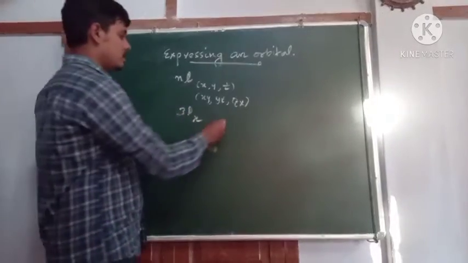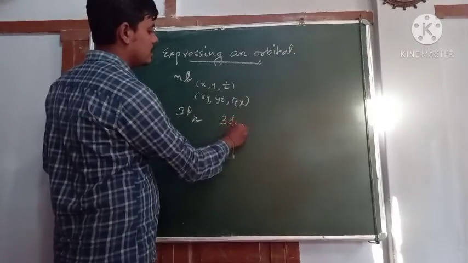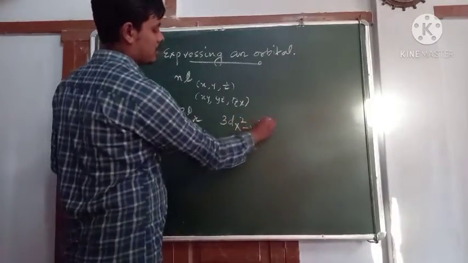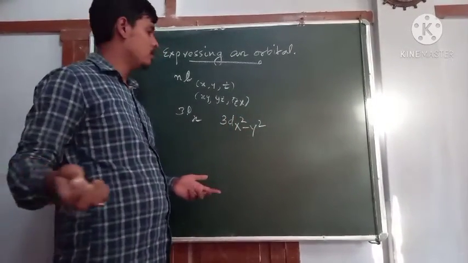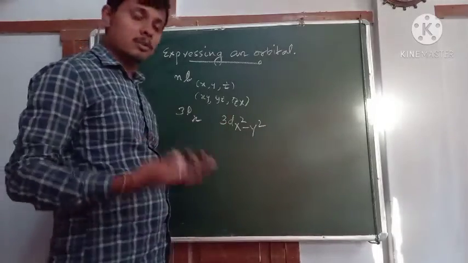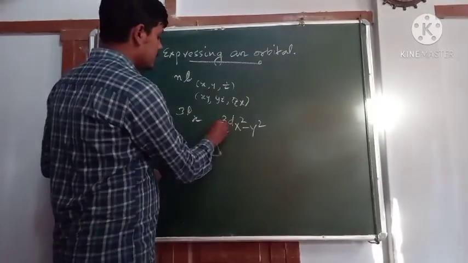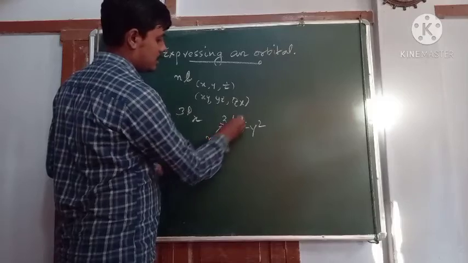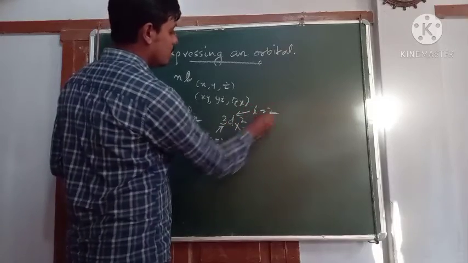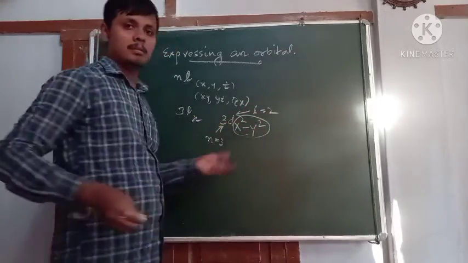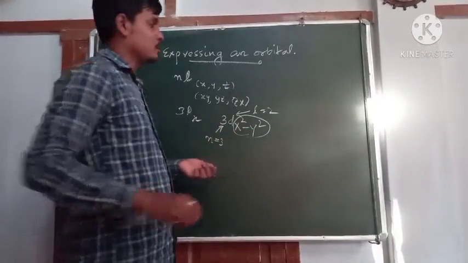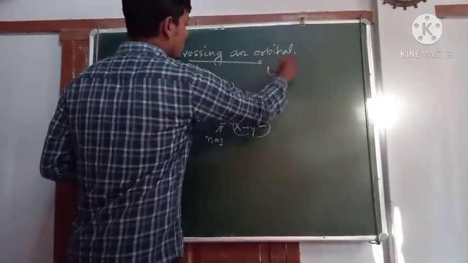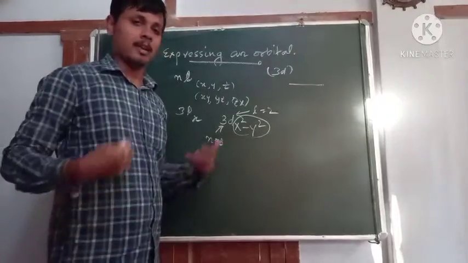For example 3px, 3d x square minus y square. That means n is 3, l is 2, and this is the orbital. So first we write the subshell, then the orbital suffix.